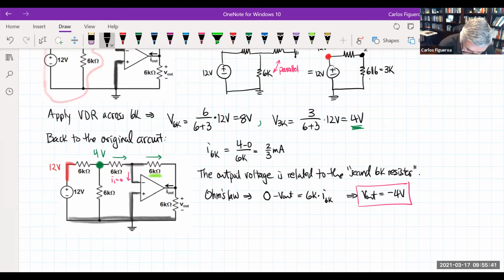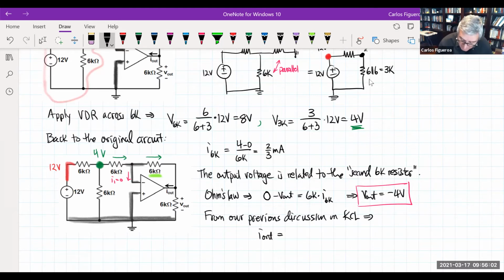And then, of course, we apply KCL, and from our previous discussion on KCL, we saw that I out is calculated identically, which would then be 4/3 milliamp.